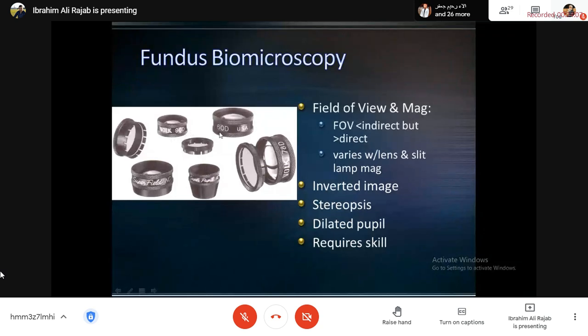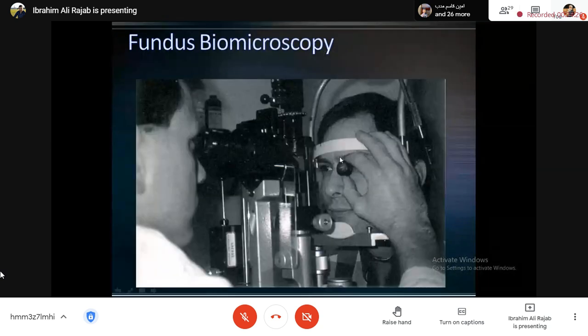So these lenses condense the light and focus the light which comes from the fundus, from the retina, blood vessels, parallel to form the image between the slit lamp and the lens to be observed by the examiner.